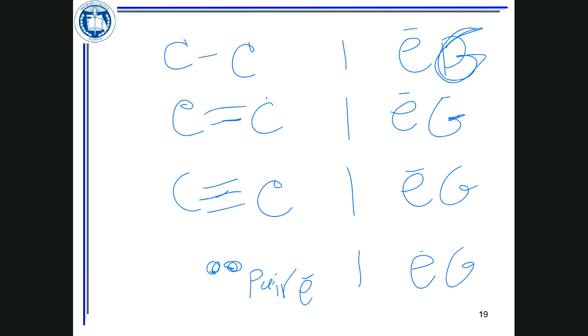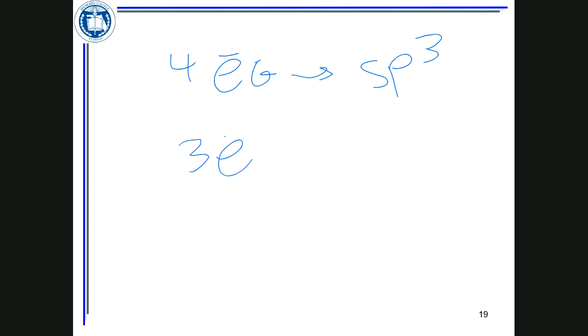So please make sure to write these somewhere, because I'm going to use the same page for the next table. If you have 4 electron groups, then the hybridization is going to be sp3. For 3 electron groups, hybridization is going to be sp2.